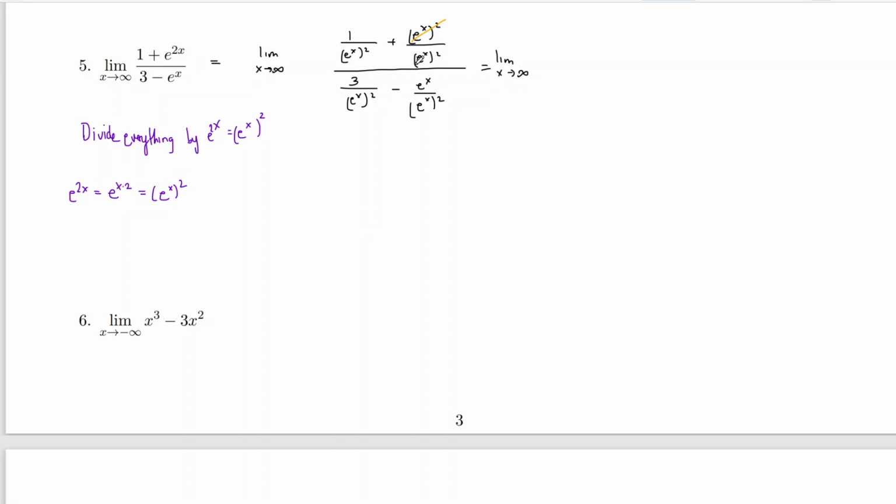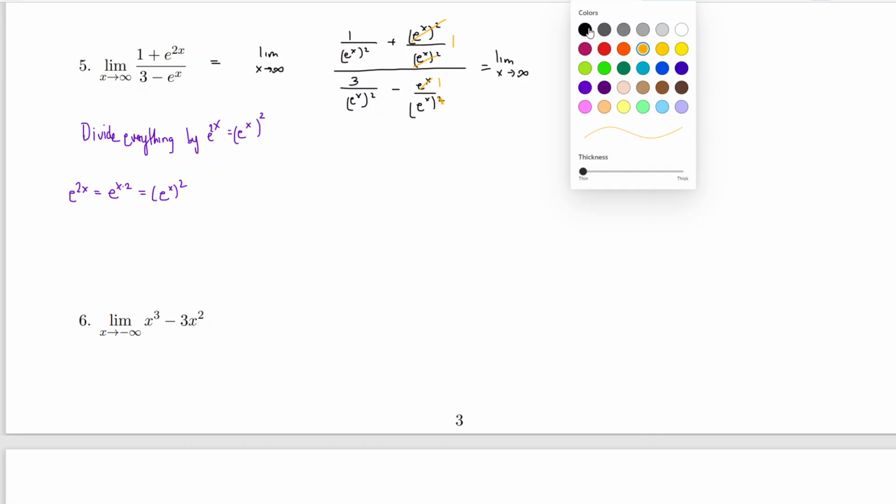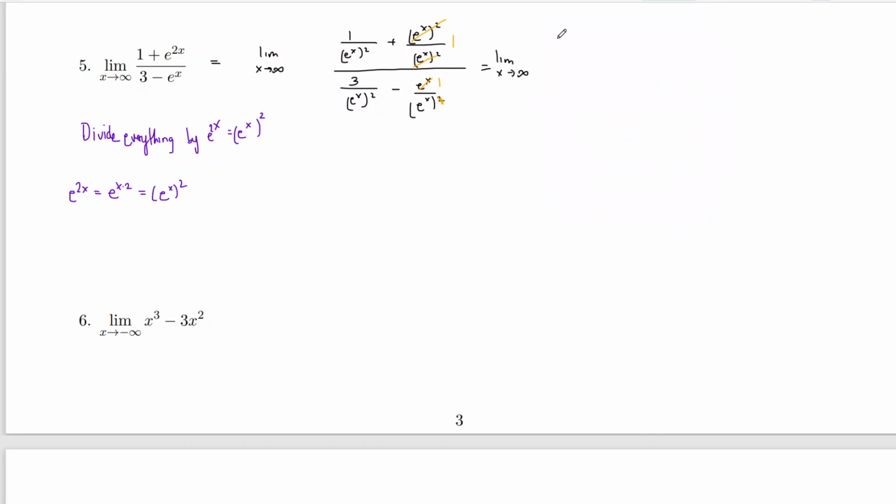E to the x squared over e to the x squared cancels, so this is just 1. One of the e to the x's cancels with one of the e to the x's down here, because this is e to the x times e to the x. So we have 1 over e to the x there. Let's go ahead and plug it in. We've got 1 over e to the x squared plus 1, over 3 over e to the x squared minus 1 over e to the x.